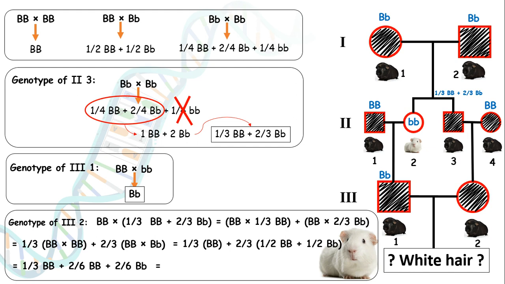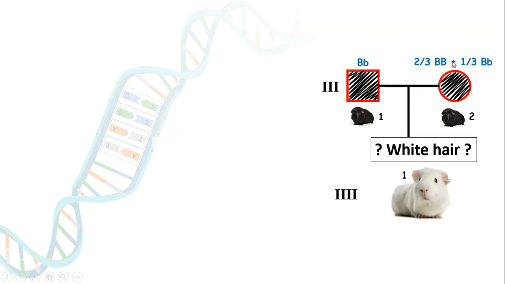We need to multiply 2/3 by 1/2, and we will have 2/6 capital B capital B, and again 2/6 capital B small b. And if we add them together, we will have 2/3 dominant homozygous and 1/3 heterozygous genotypes. So I wrote it here. This is the final genotype for this individual.